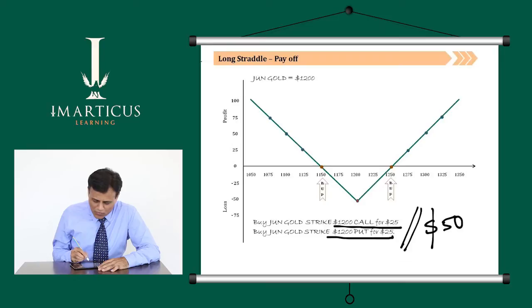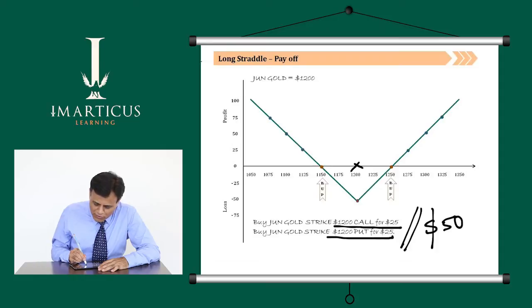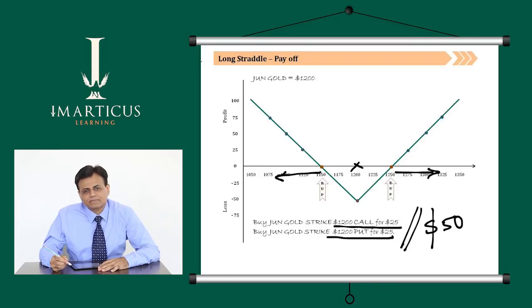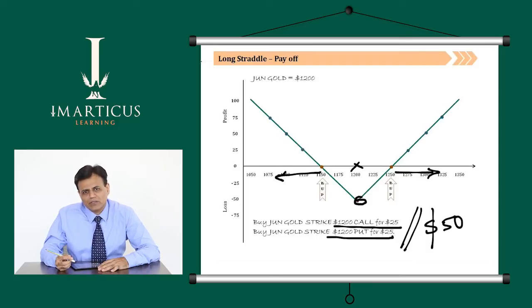The price of gold is $1,200, and having paid $50, we will only stand to gain if the gold prices were to go beyond $1,250 or below $1,150. However, if the prices of gold stay at $1,200, we will lose the entire amount of $50, and that would be our maximum loss in this strategy.